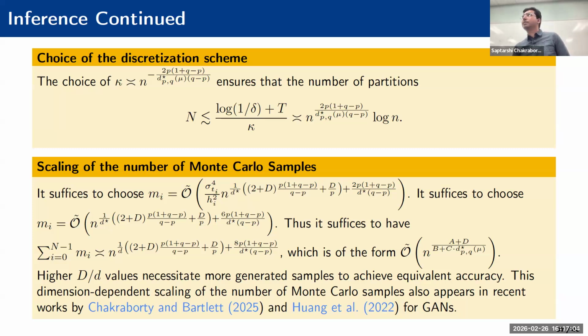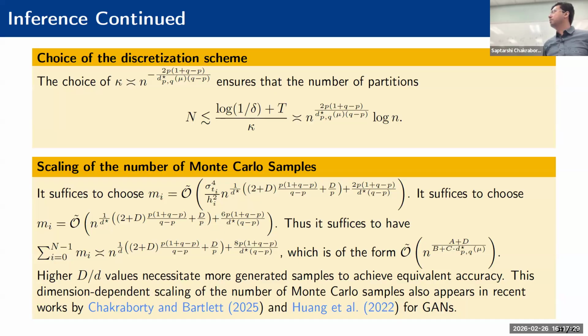And in practice, what numbers are people using? They take m to be more than n, that's for sure. The number of Monte Carlo samples, at least in GANs, they do it much larger than the number of actual samples that you observe. Sum over m sub i. I mean, but m sub i is greater than n?